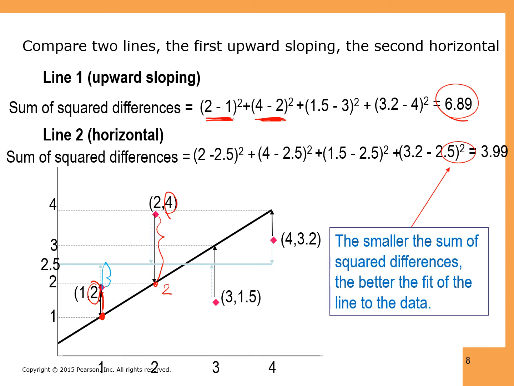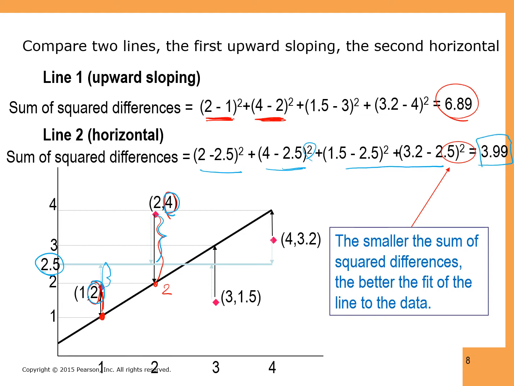And again, we subtract 2.5, which is the horizontal line, from the actual value of 2 and square them to get the first term. Here we're trying to measure the distance between the horizontal line and the observation here. So we subtract 2.5 from the actual value 4 and square it. And then if you do this for all 4 observations, then you get 3.99.